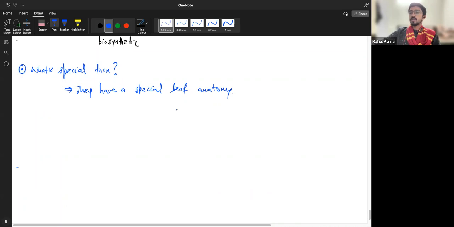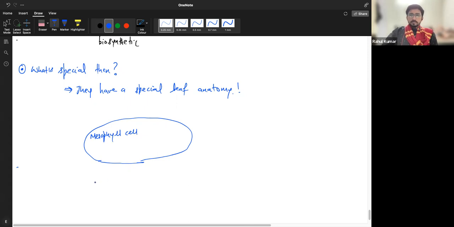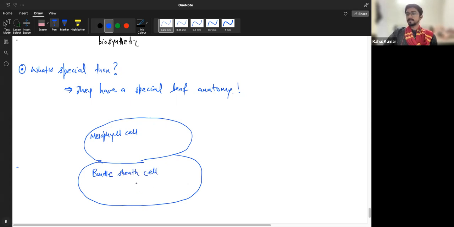Sheath is a layer. So they have two types of cell. I should not say top or bottom, but they have one cell which is called a mesophyll cell. And then they have another cell. It's called the bundle sheath cell. Is it clear?